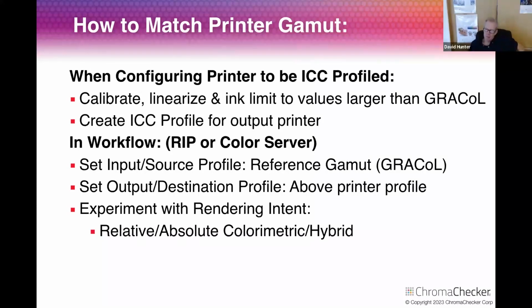So oftentimes I'll have someone print and they'll be like, my E factor of my iGen to my Grackle proof is 4.5. And it's like, okay, it's not terrible, but let's see if we can do better. Just change the rendering intent from relative to maybe a hybrid rendering intent, which is essentially absolute colorimetric without mapping the paper white.